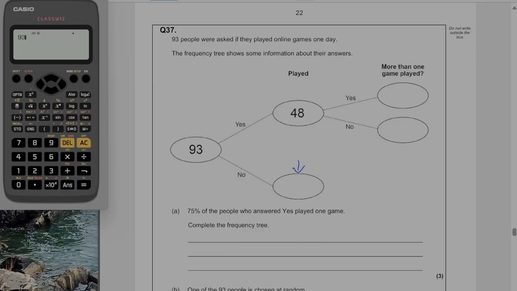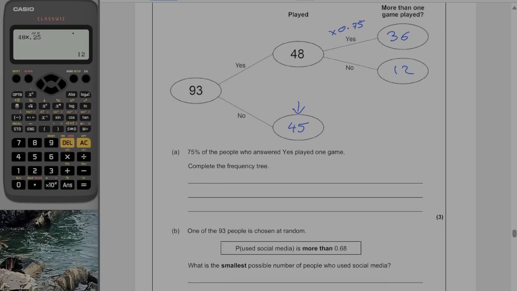That'll be 93 minus 48, which will give us 45. Then 75% said yes, so if we times 48 by 0.75, that gives us 36 there. And if instead we times by 0.25, that'll give us our other value, 12 there.